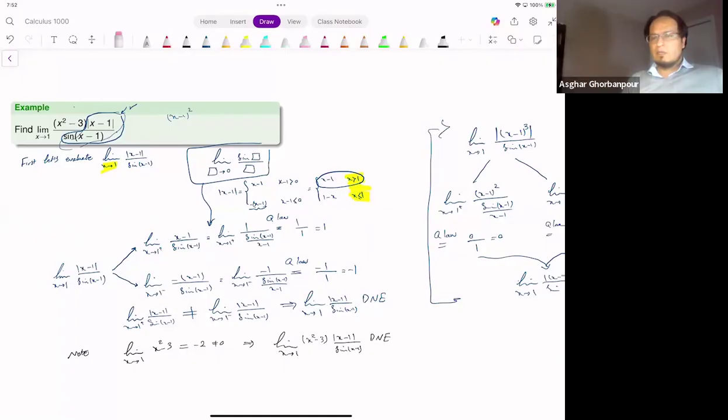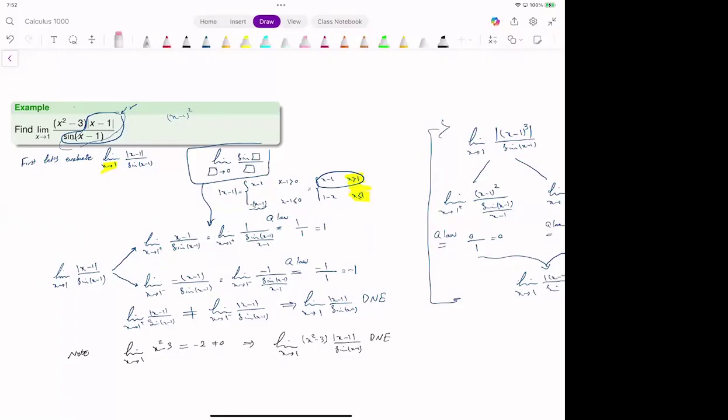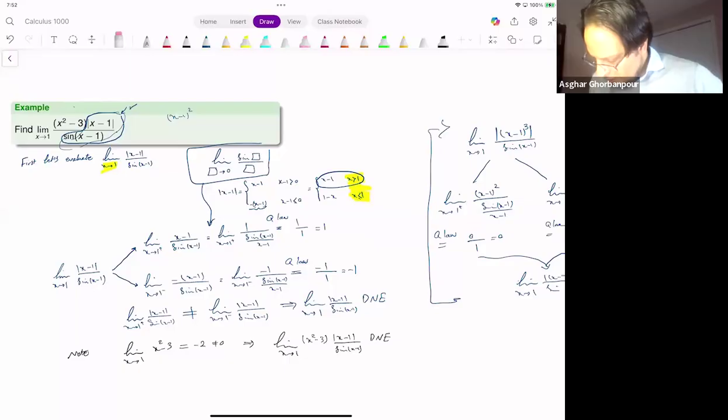There was another question also. Could you just explain how you got from x minus 1 over sine of x minus 1 to the limit as x goes to 1 of 1 over sine of x minus 1 over x minus 1? This part you mean? Let me see if I can circle this.